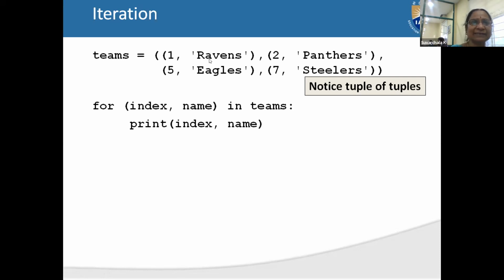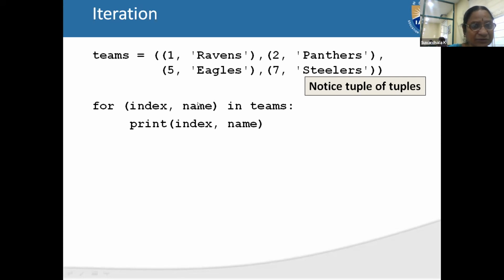So I can access them as they are, directly in tuple form. What is the tuple form? Two terms are there. I'm using the two terms as index and name, index and name in teams. So it will take first 1 ravens, 2 panthers, 5 eagles, and 7 steelers.